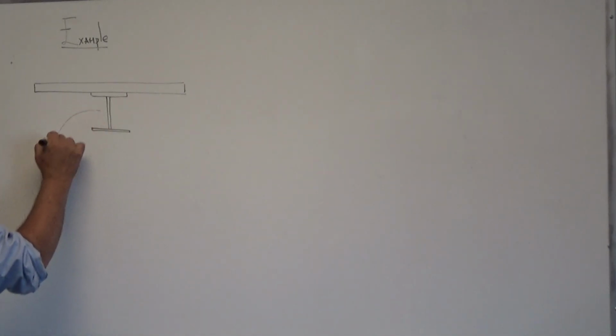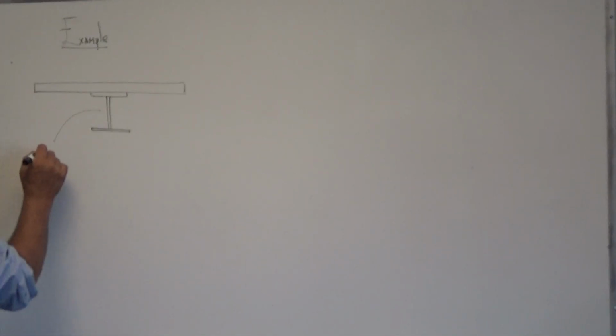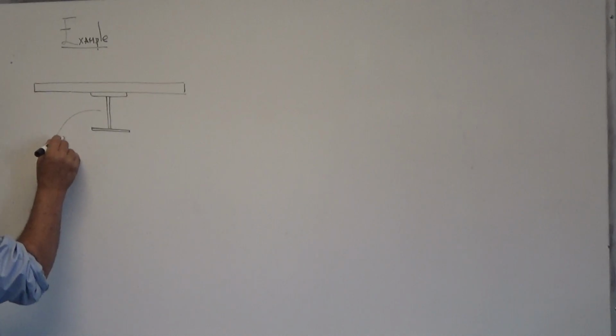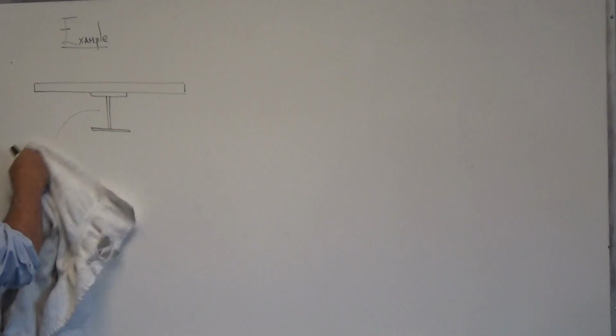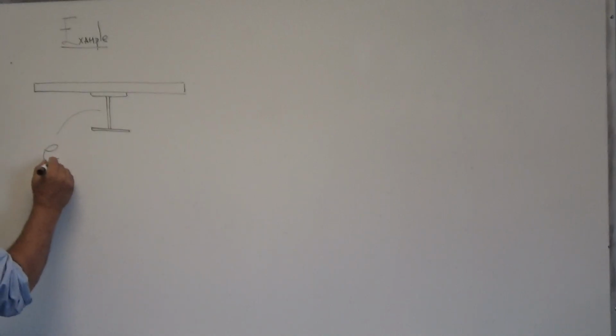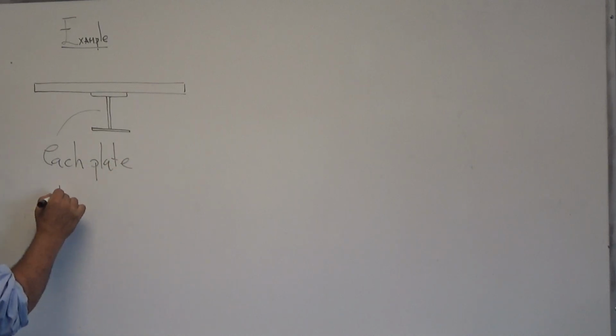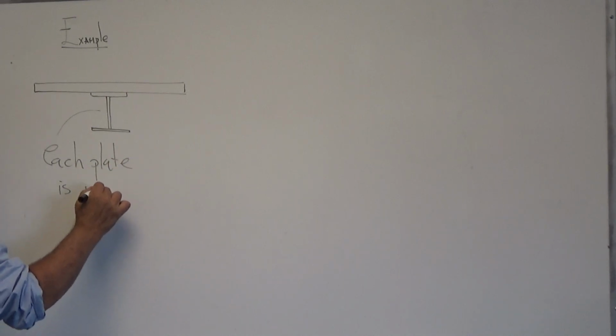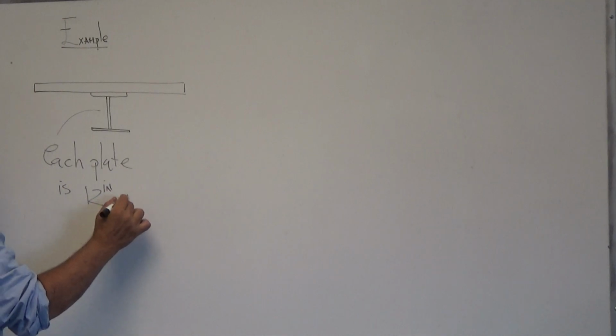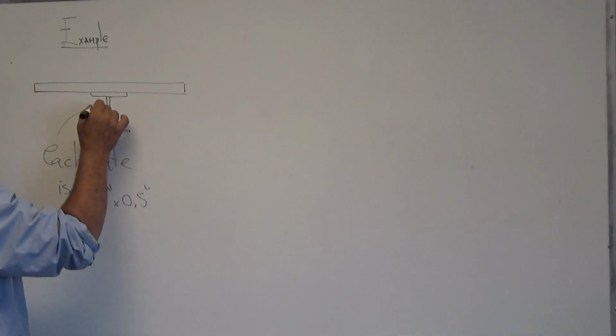Now, instead of fooling this thing with a bunch of stuff, I'm just going to say each plate is 12 inches by half an inch. This is steel.